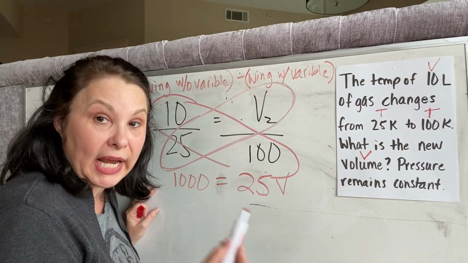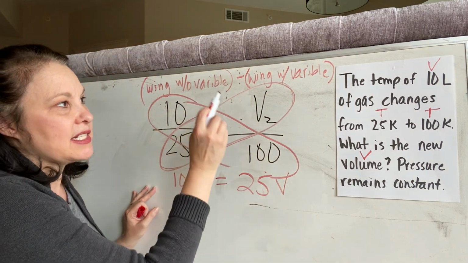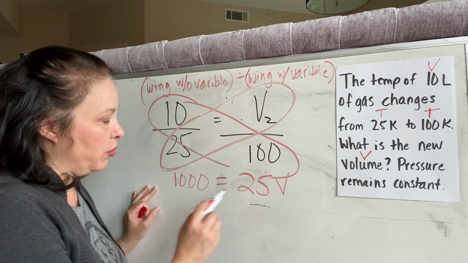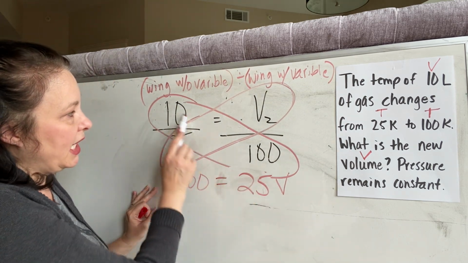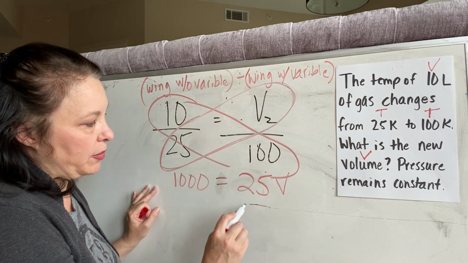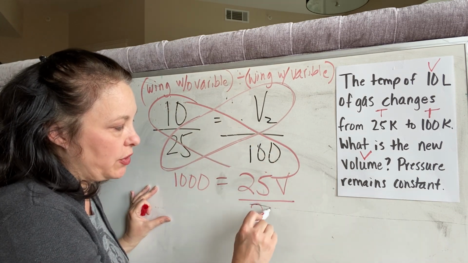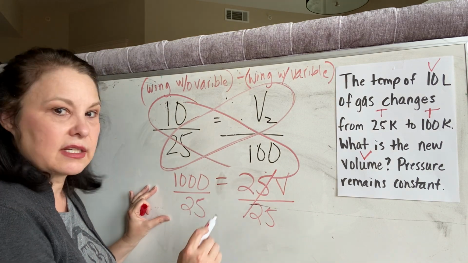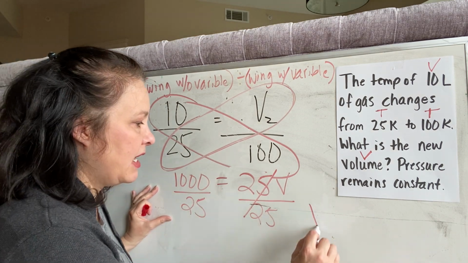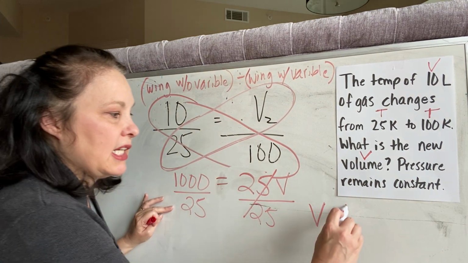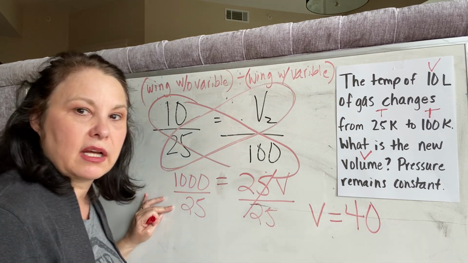If you did it on paper, this is your shortcut way without having to write it down. We're doing the wing without the variable equals the wing with the variable, and then just like Algebra 1 says, we're going to divide out, right? And then V, which is my volume in liters, is going to equal 40 liters.